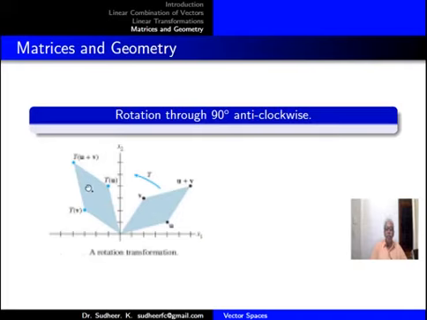That means the triangle which lies on the right side of the shaded portion here. And by the rotation through 90 degrees anti-clockwise, the entire shaded portion in the first quadrant will be moved to a shaded portion of equal size in the second quadrant.